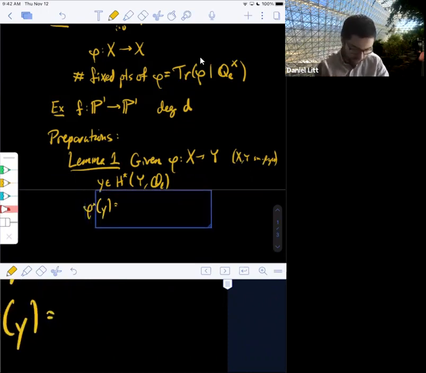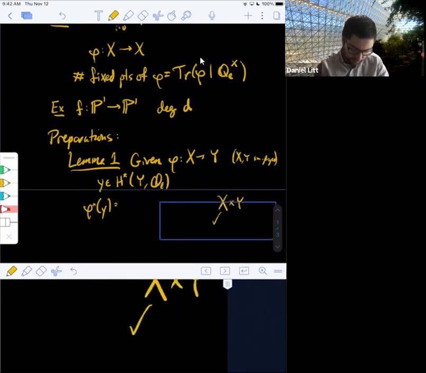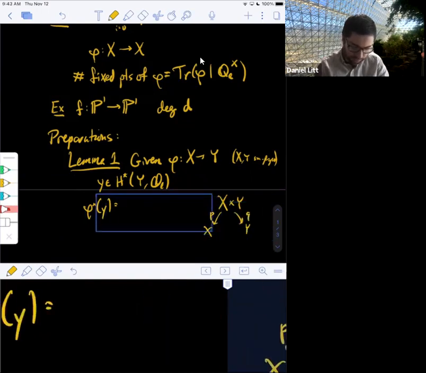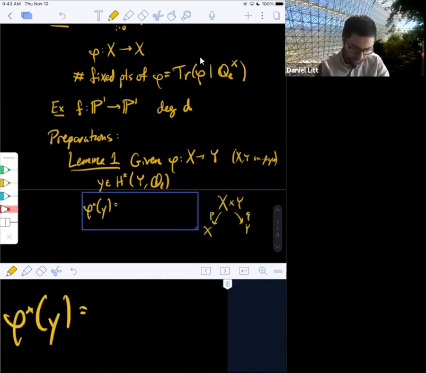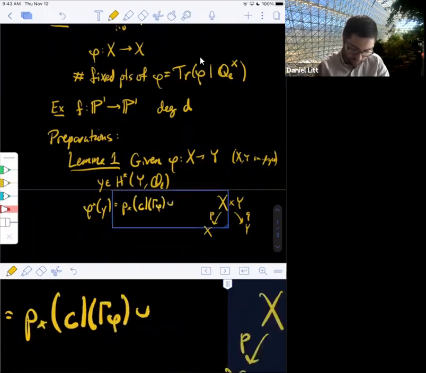So if we write the projections of x times y, here we have the projection to x, which we called p, and the projection to y, which we called q, then we can write this phi star y as p lower star of the cycle class of the graph of phi, cupped with q upper star of y.